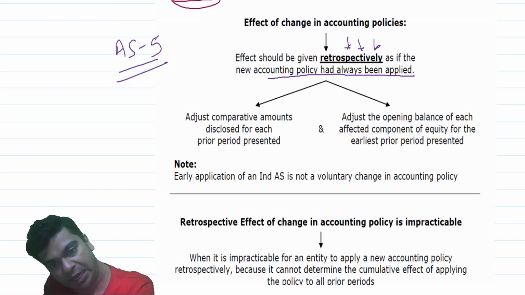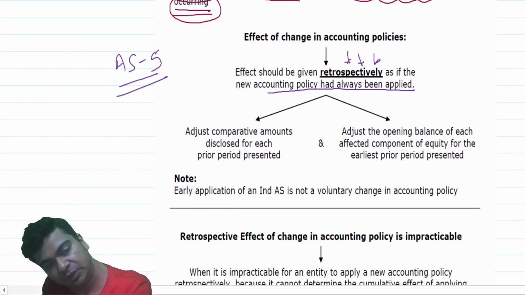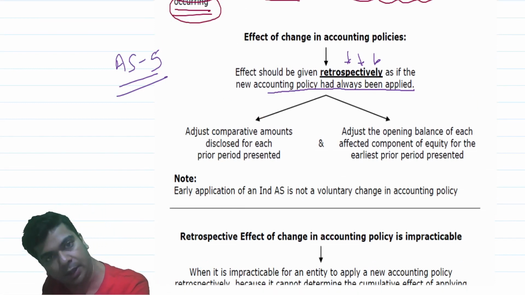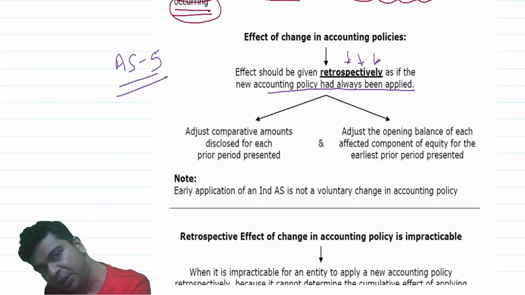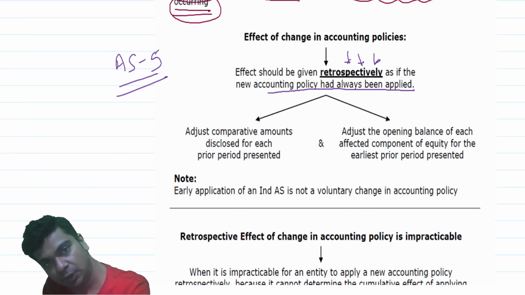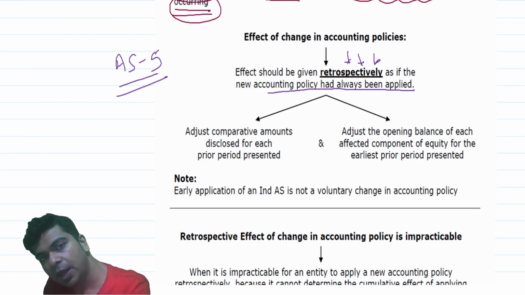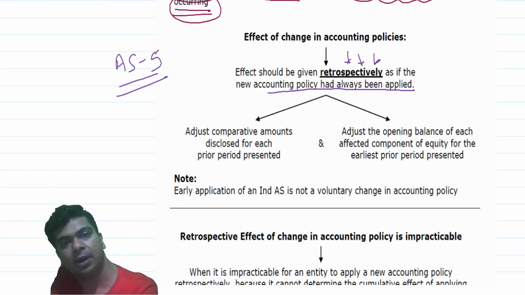As you change the accounting policy retrospectively, you will have to give the effect for the current year in the current year, the previous year in the comparatives, and any period before the previous year by adjusting the opening balances. And when you are changing the opening balances of the previous year, as per Ind AS 1, you will also have to present and prepare a third balance sheet.